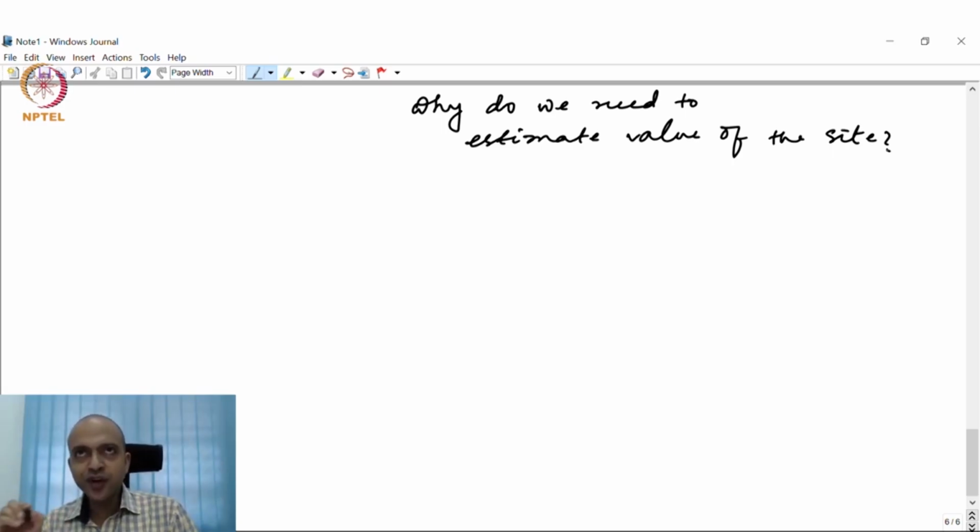Basically, by economic valuation, we are trying to do some kind of cost benefit analysis, because any site, any environmental goods and services might be having n number of other competing demands.